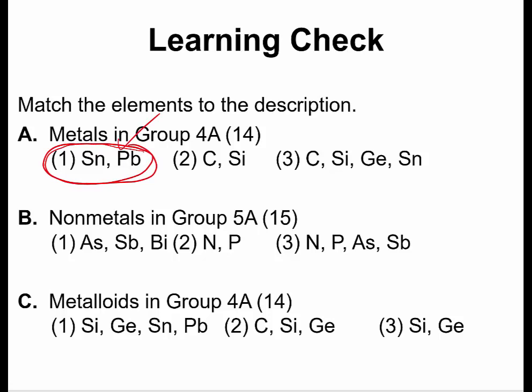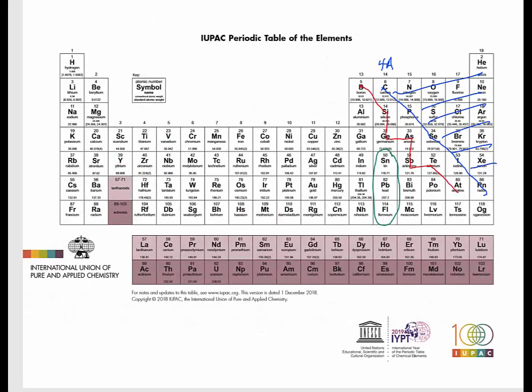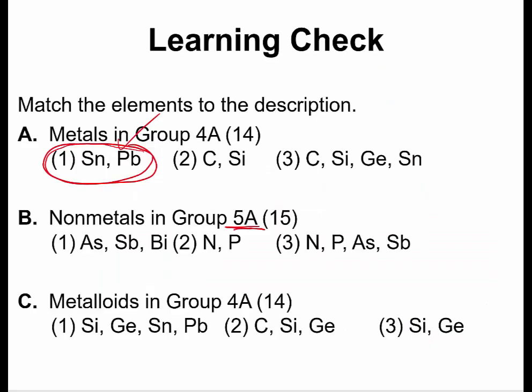Let us take a look at the second question, question B. Which ones are the non-metals in group 5A? Let us take a look at the periodic table again. The non-metals in group 5A are nitrogen and phosphorus.